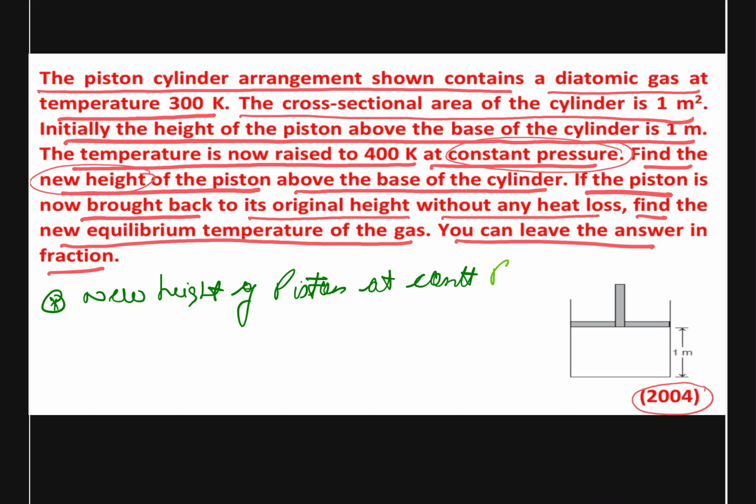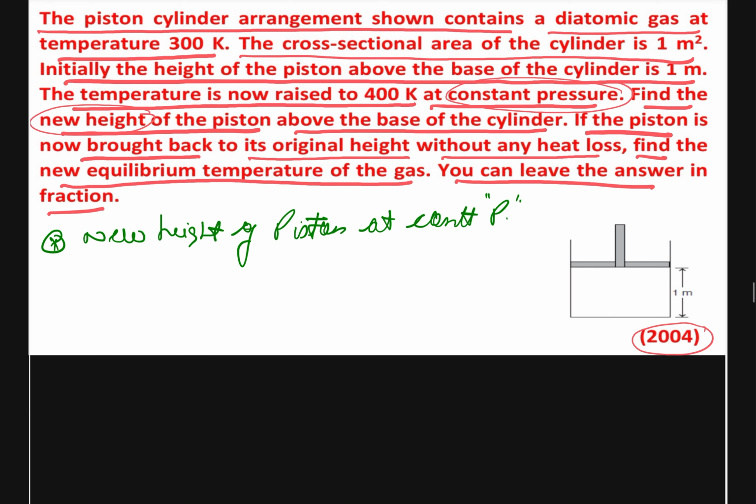From the ideal gas law, we know that PV is equal to nRT. If pressure is constant, we can write that V upon T is equal to constant. From here we can say that V1 upon T1 is equal to V2 upon T2.